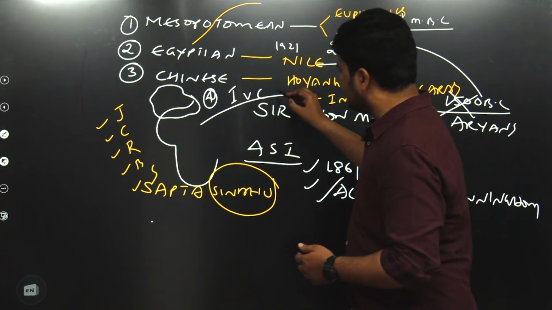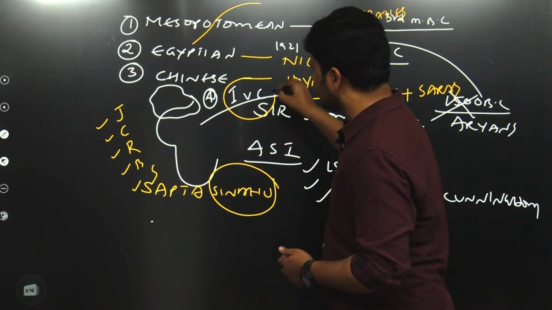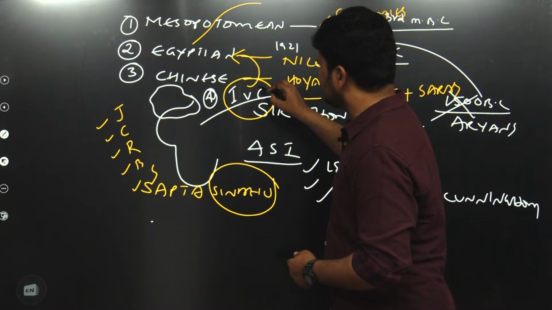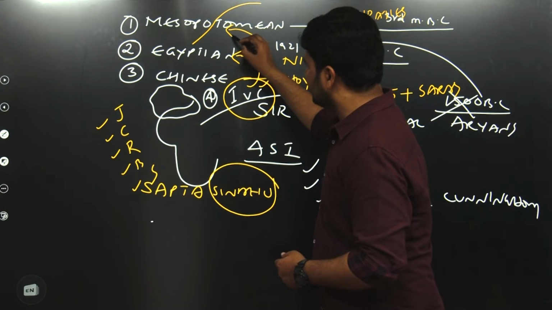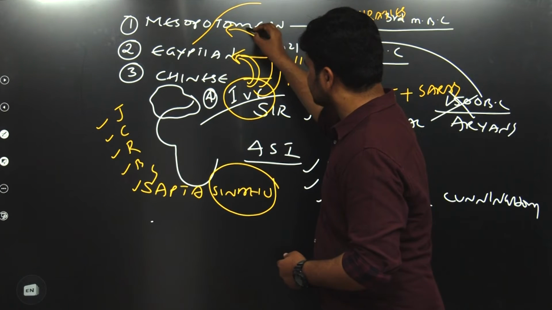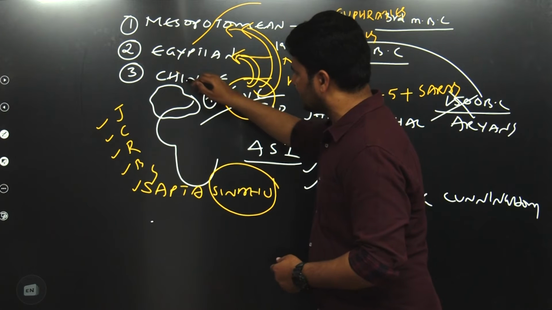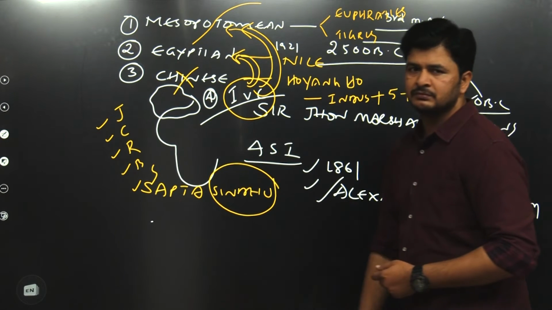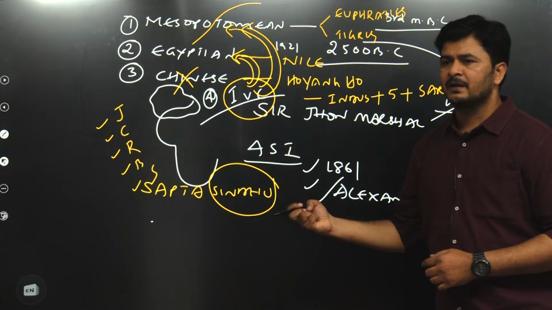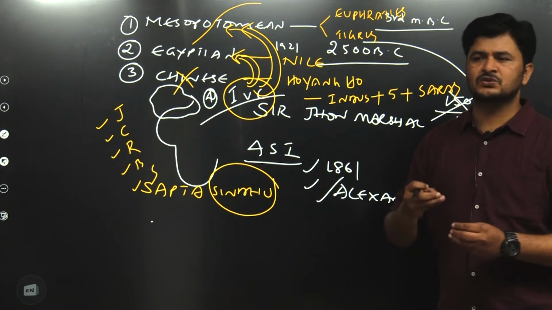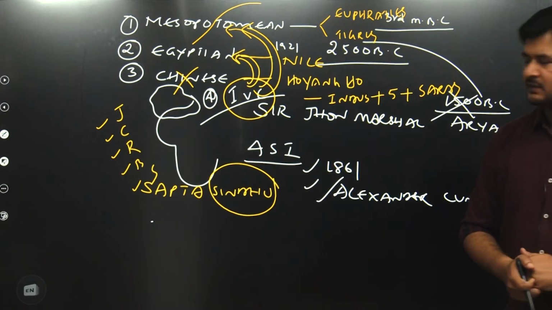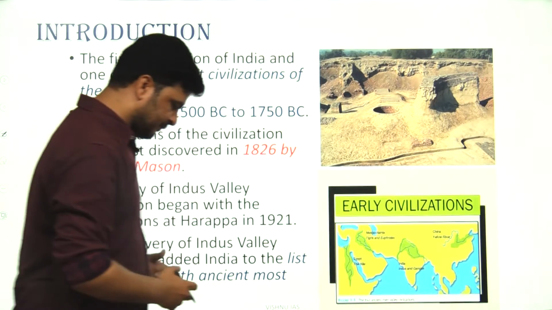The reason is that the Indus Valley civilization maintained commercial and cultural relations with the Egyptian and Mesopotamian civilizations, but not with the Chinese civilization. Neither commercial relations nor cultural relations. That will be discussed as part of the economy of the Indus Valley civilization.